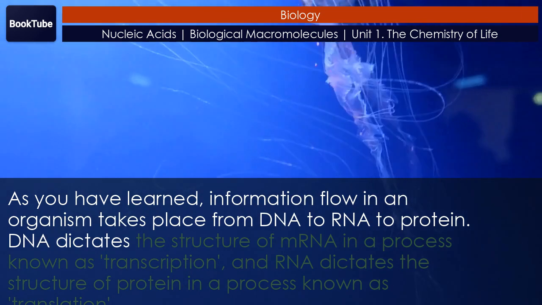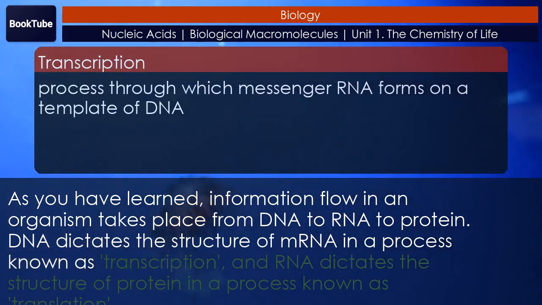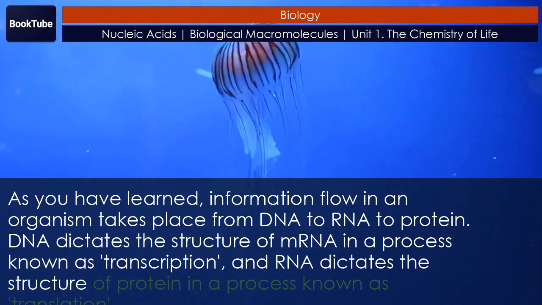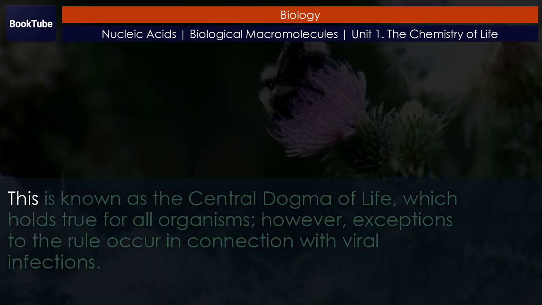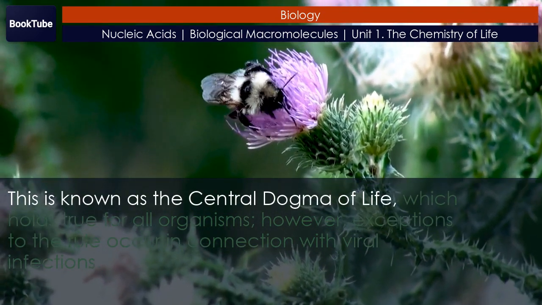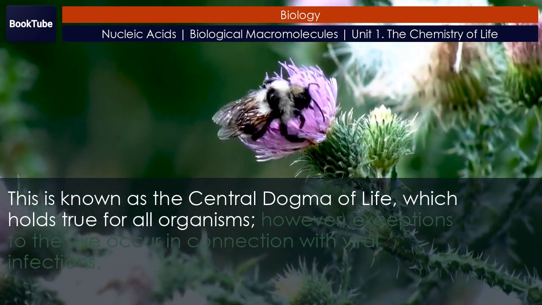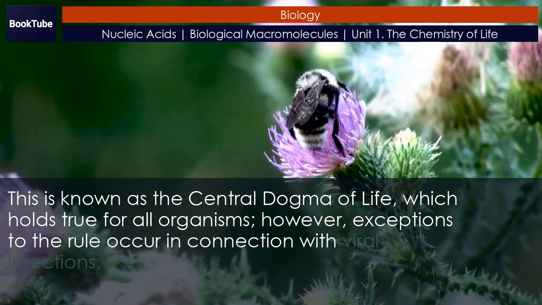DNA dictates the structure of mRNA in a process known as transcription, and RNA dictates the structure of protein in a process known as translation. This is known as the central dogma of life, which holds true for all organisms. However, exceptions to the rule occur in connection with viral infections.